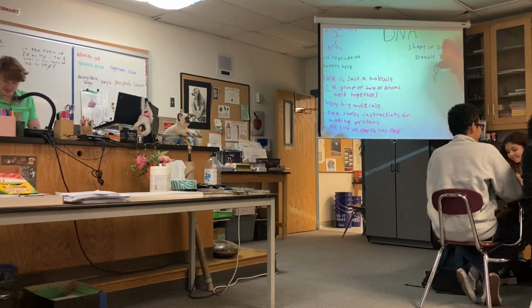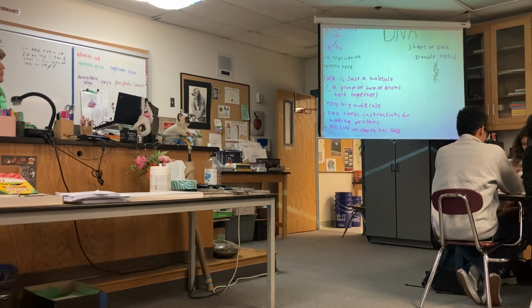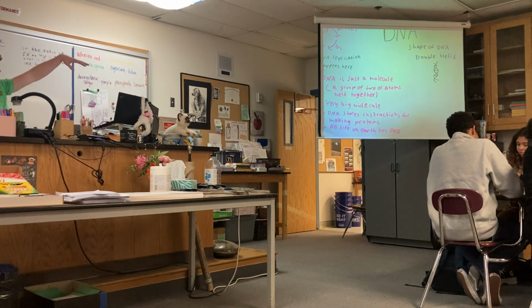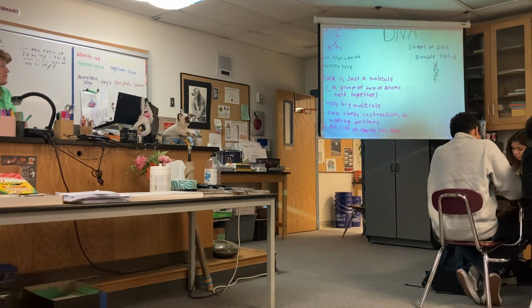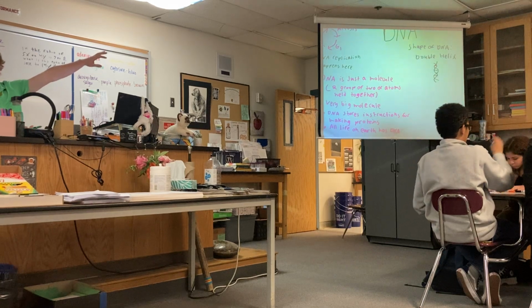And you don't have to write this down, but I just find this super interesting. So the reason why DNA is shaped like a double helix, and this is pretty advanced, is that the inside part of DNA, which is nitrogen bases, doesn't like water. It's hydrophobic. But the outside, which is phosphate and sugars, is attracted to water, so it's hydrophilic.